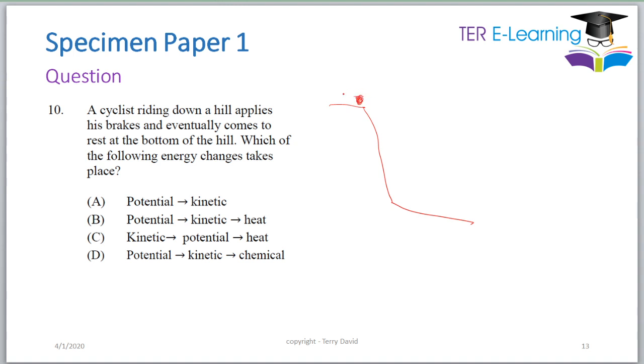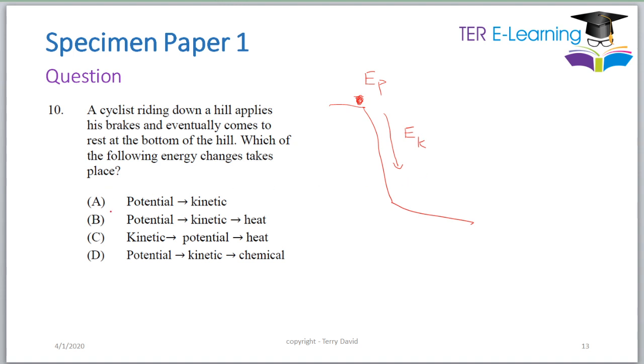At the top of the hill, the type of energy he's going to have is potential energy. Then he's going to cycle down the hill. Therefore, as he's moving, that potential energy is being converted into kinetic energy. He applies his brakes while going down the hill, and eventually comes to rest.